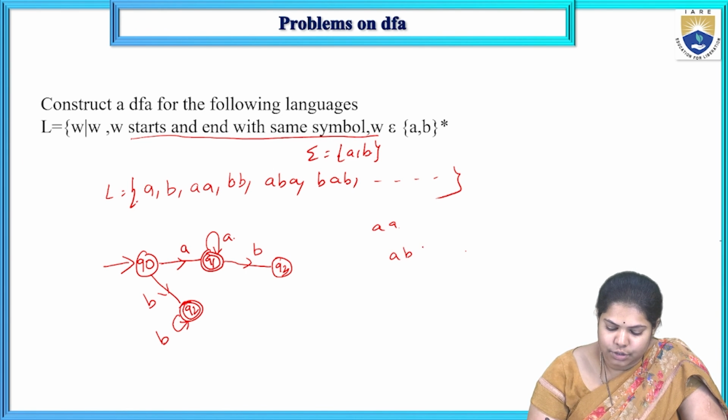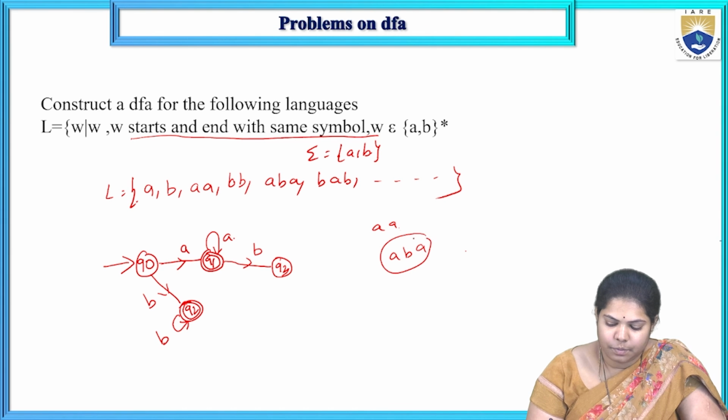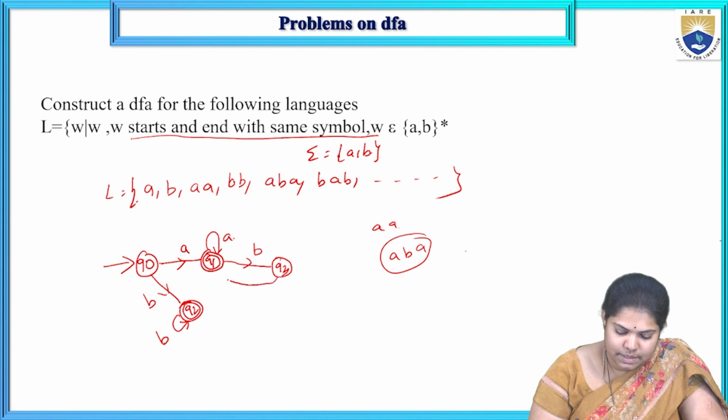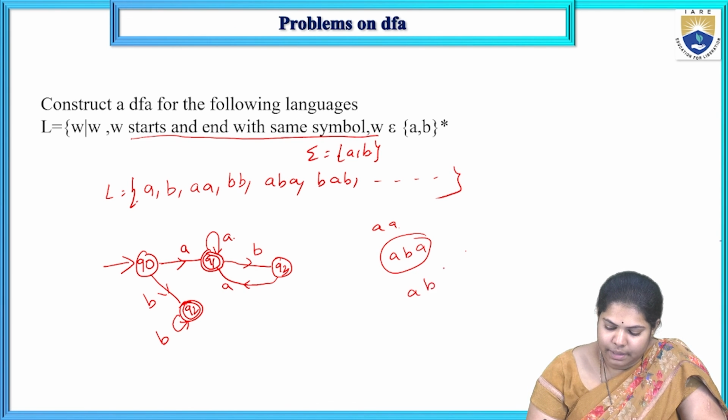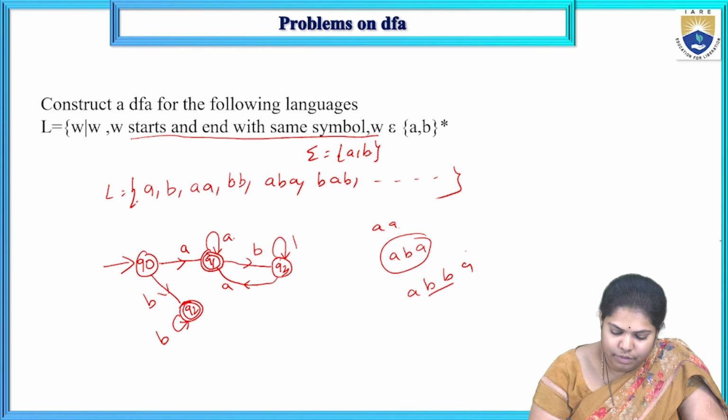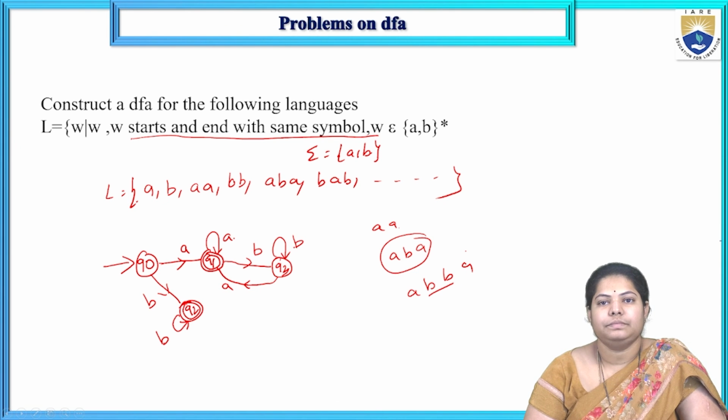After AB, I should get again A in order to make the acceptance. So, here A, where should I send? I just simply send it to the backtrack A. So, here after A, B, B, A, in between A, I can get any number of B's.